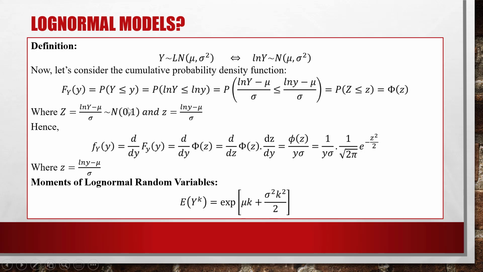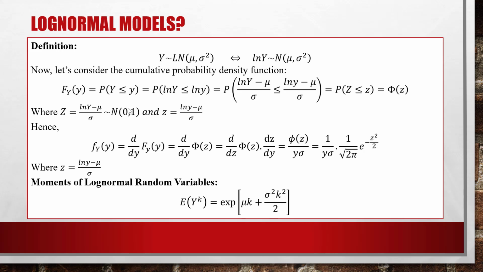And let's take natural log both sides in the inequality. We got this should be equal to probability that natural log of y is less than or equal to natural log of little y. And of course, since natural log of y is normally distributed, we can use standardization to calculate this probability.